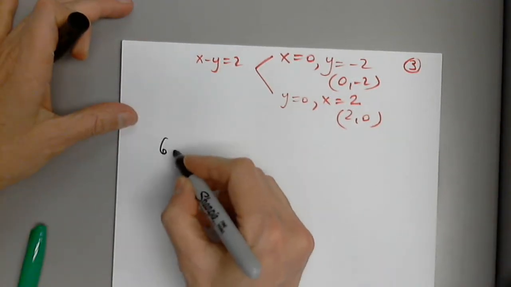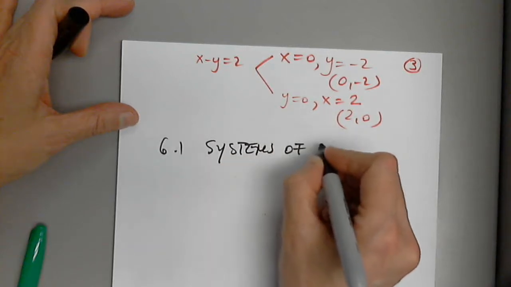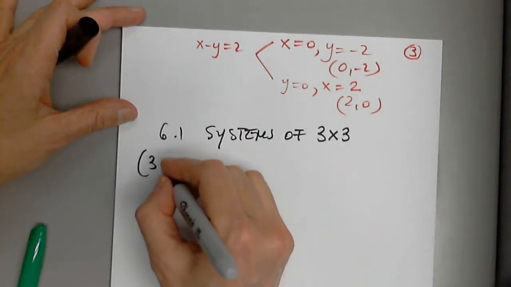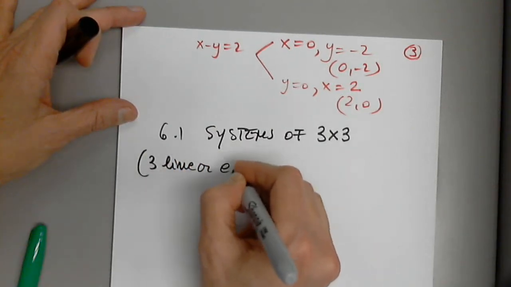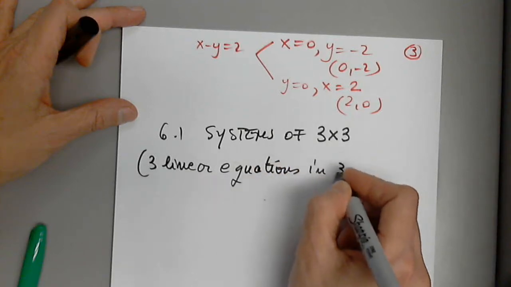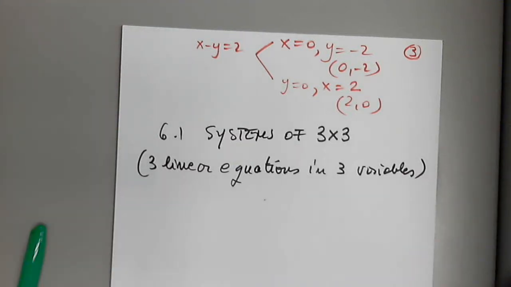So 6.1, systems of 3 by 3. By 3 by 3, we mean 3 linear equations in 3 variables. Systems of 3 by 3.